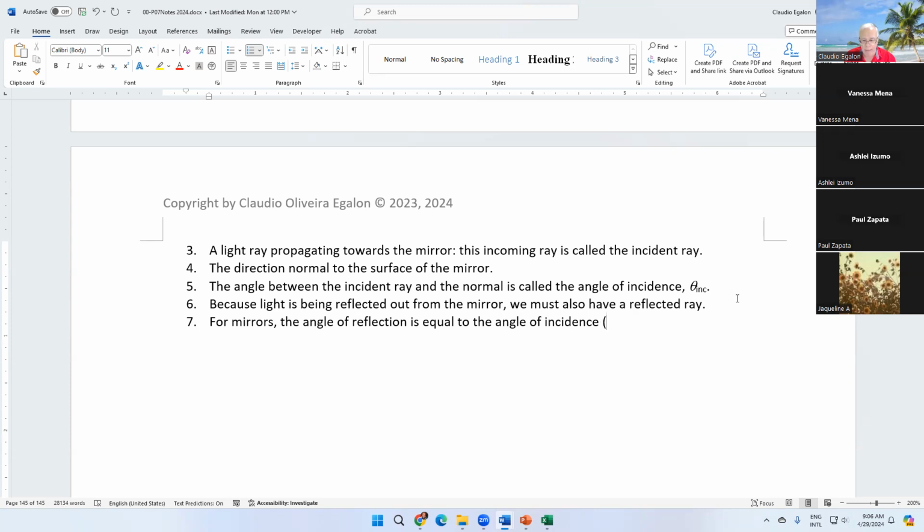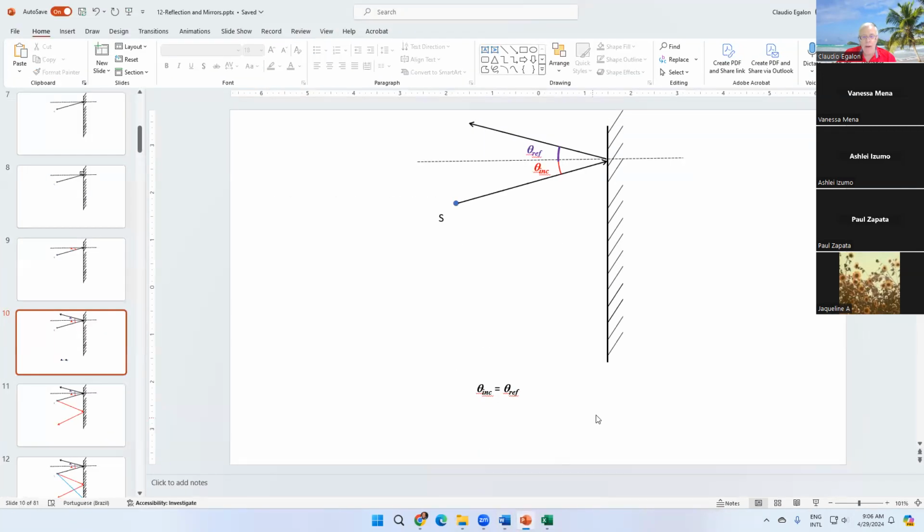Some people call that the law, and I'm going to put it between quotes because it's not exactly a law. The law of reflection. It's possible to derive that. That's why I put law between quotes. So we can go back to our drawing. The angle of reflection is equal to the angle of incidence. Can you remember that? Not difficult, right? And that's just one light ray.